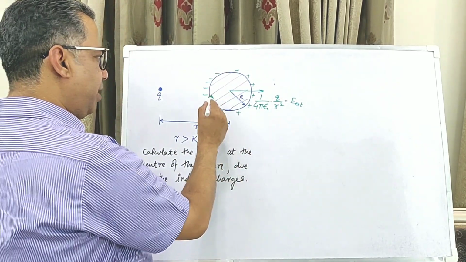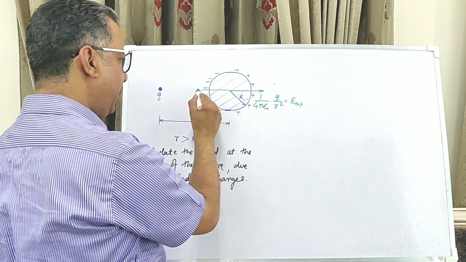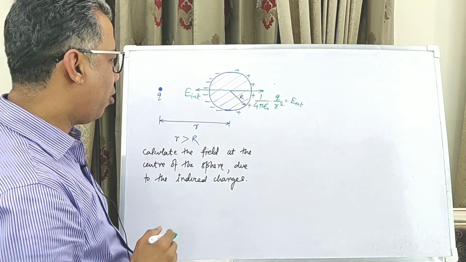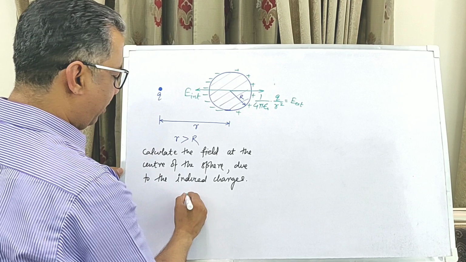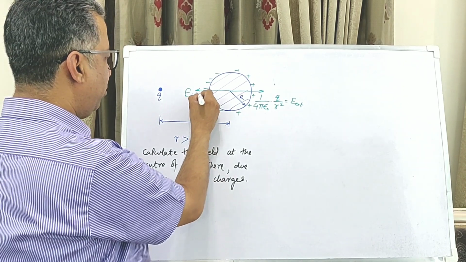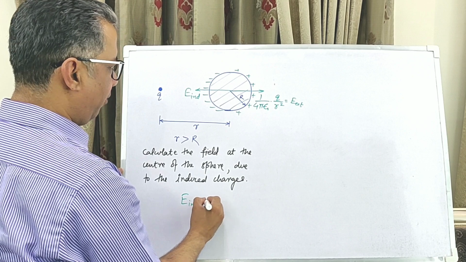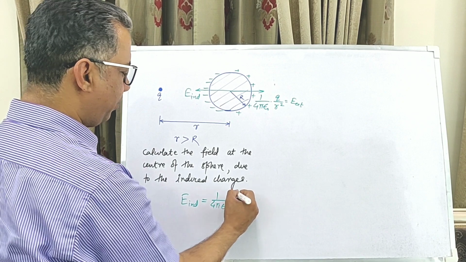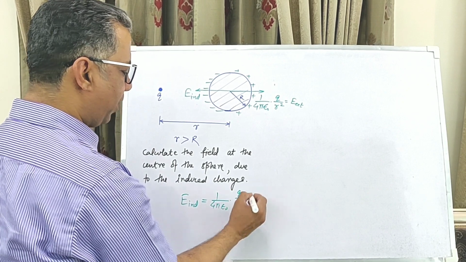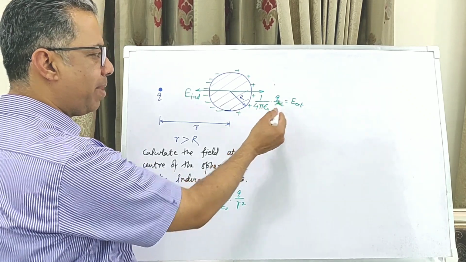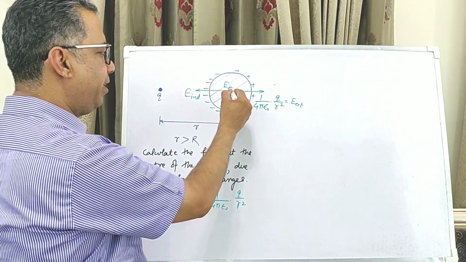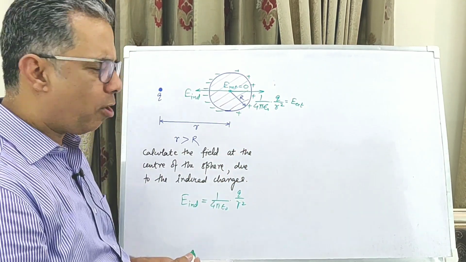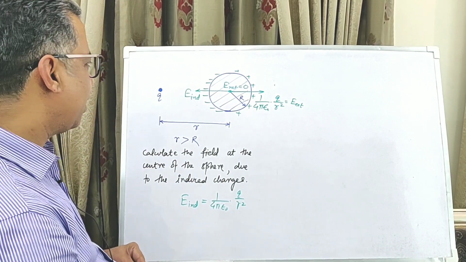Now the electric field due to the induced charges has to be exactly equal and opposite to this field. So the electric field due to the induced charges will be equal to 1 by 4 pi epsilon naught times q by r square, exactly opposite to this but having the same magnitude, so that the net field here becomes 0.